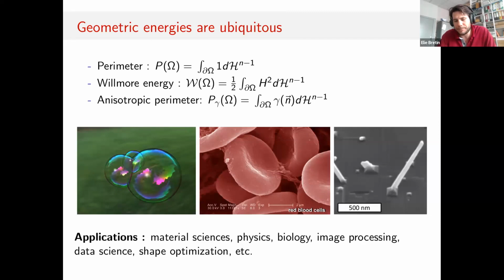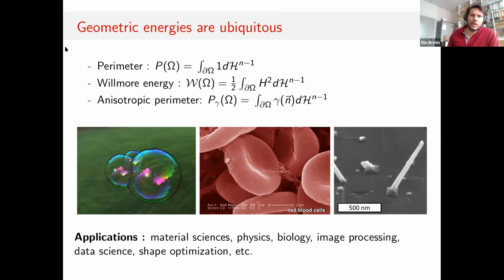The second one is an example of a red cell where the shape is obtained by minimizing the Willmore energy with a constraint on the volume and area of the set. And the last example is a nanowire. In a recent project, we proposed some phase field modelization of nanowires, and here at this scale, it was necessary to introduce some anisotropic perimeter to take into account some privileged directions.